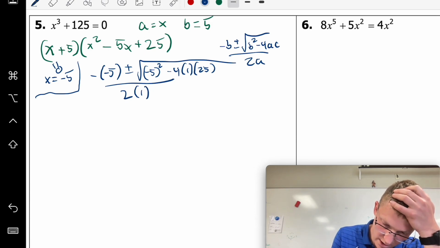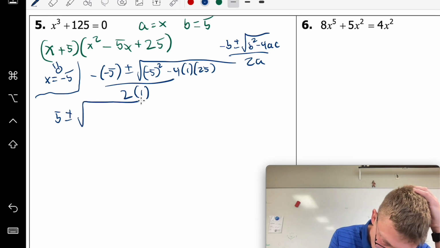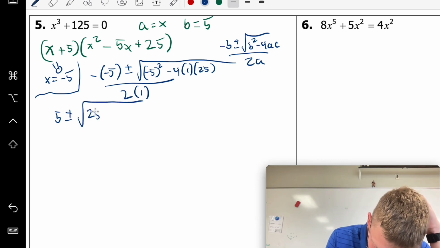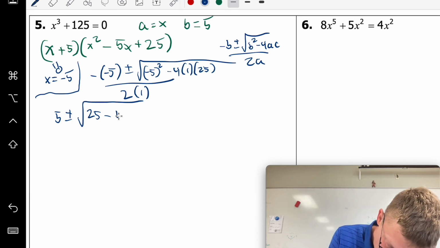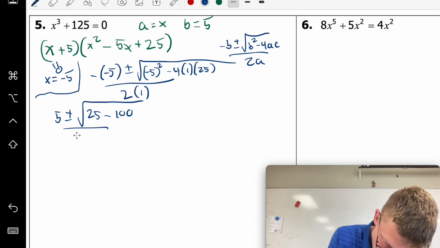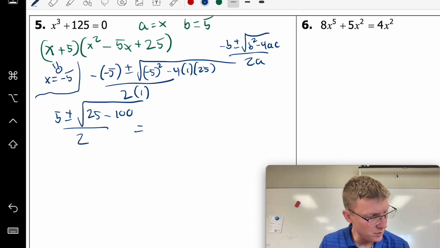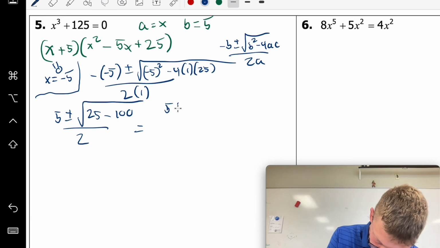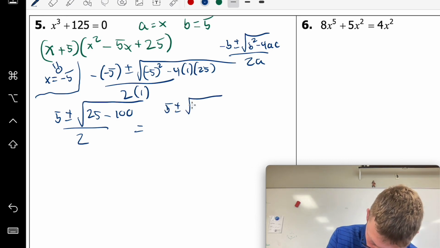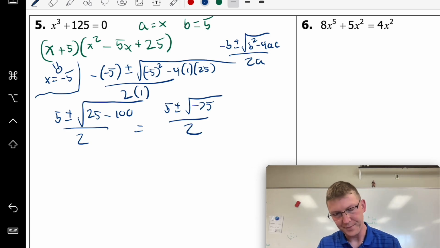Okay, so now we've got 5 plus or minus square root 25 minus 4 times 25 is 100 all over 2. So that's going to equal 25 minus 100 is negative 75. 5 plus or minus square root of negative 75 over 2.